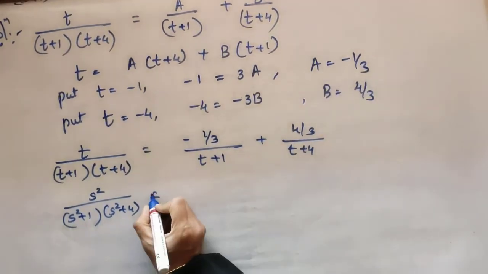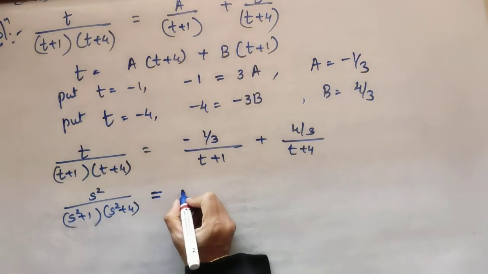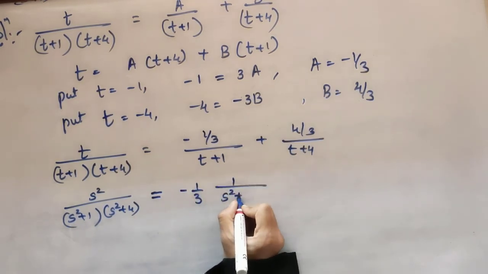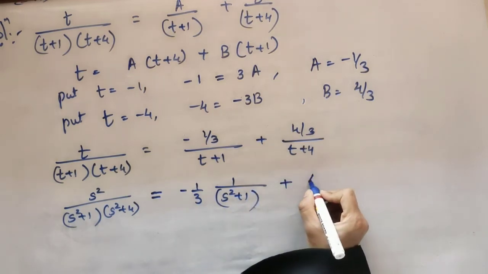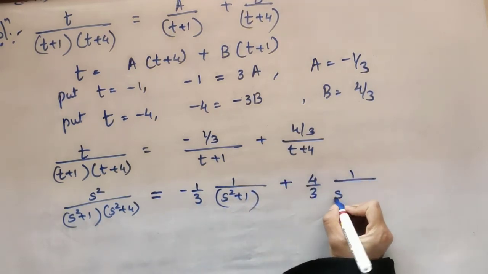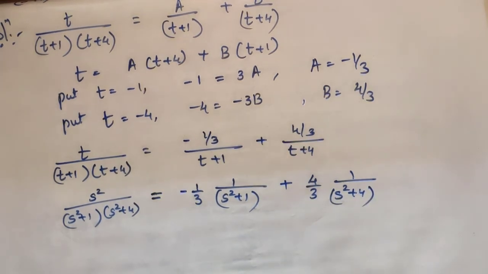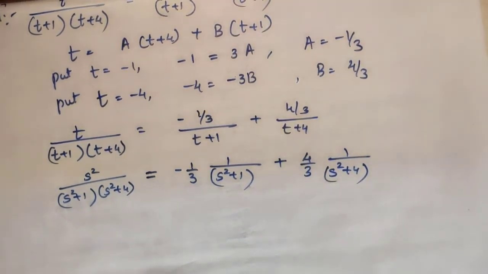Okay, so here I can write it as −1 by 3 outside, it's a constant, 1 divided by s² + 1, plus 4 by 3, again a constant, 1 divided by s² + 4. Just see this. Okay, it will be easy for you.